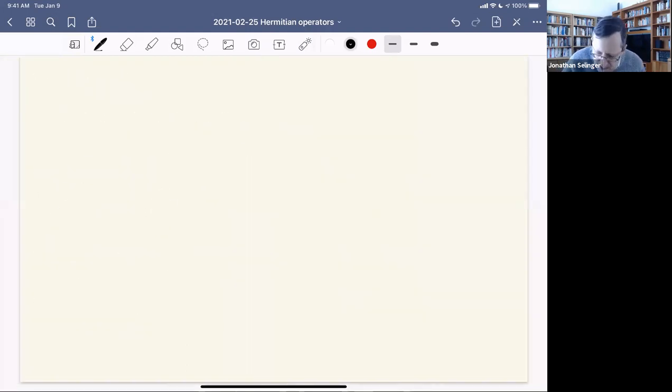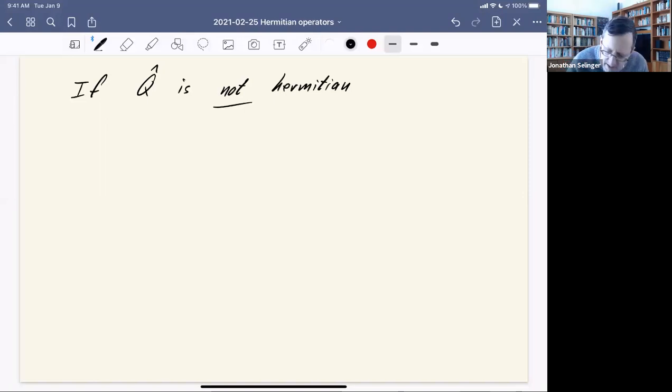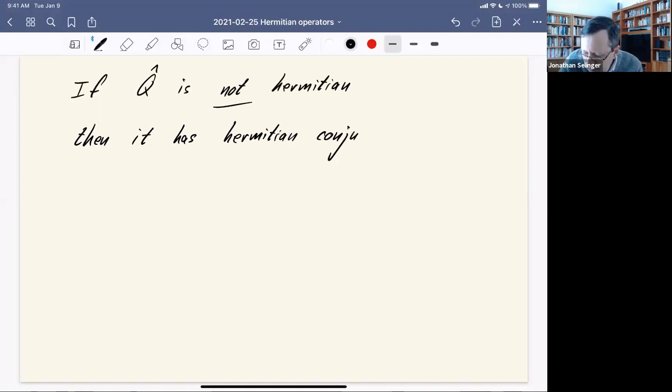Okay, another general comment. If Q is not Hermitian, if it's some other kind of operator, then it has a partner operator, which is called a Hermitian conjugate, which is written like this.